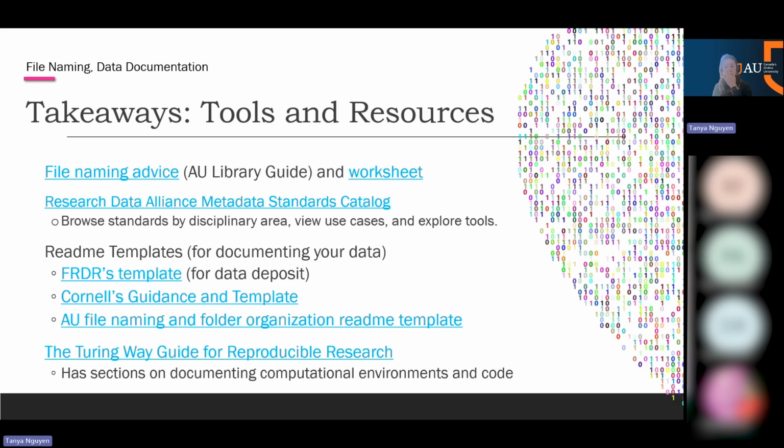There's also a metadata standards catalog right here. It depends on your discipline, but it may or may not be useful to you. There's also README templates here. There's one from different organizations such as Further, Cornell, and one that Robin has put together.